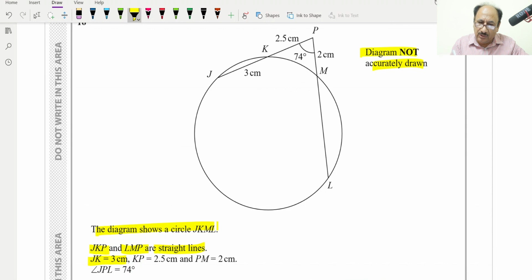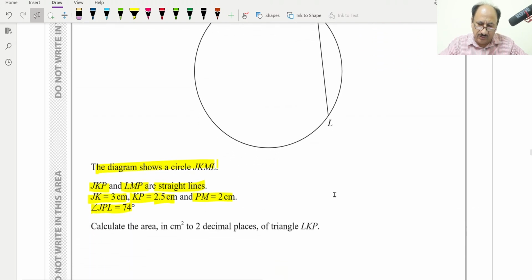JK is equal to 3 centimeters, KP is equal to 2.5 centimeters, and PM is equal to 2 centimeters, and angle JPL is 74. This is the given information.